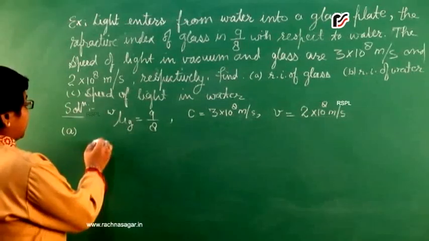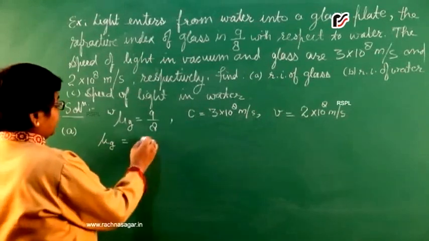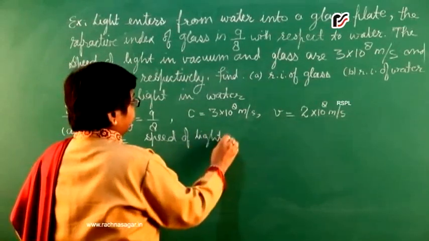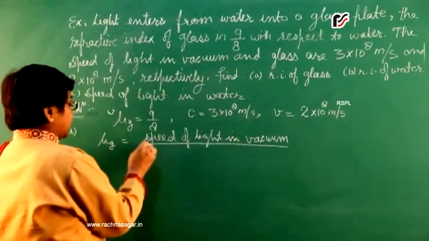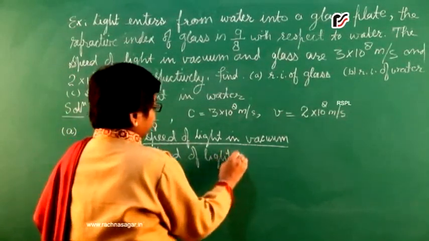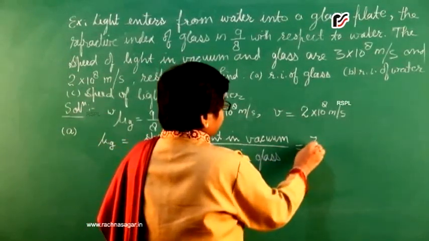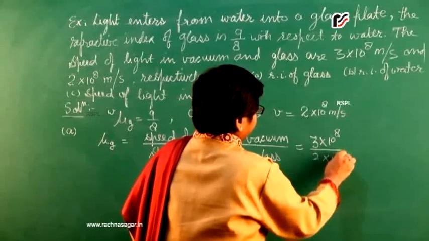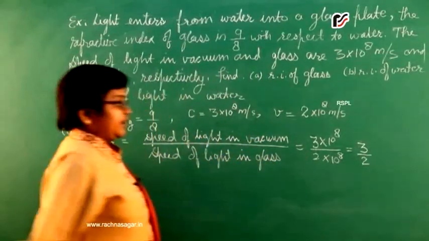The refractive index of glass is equal to the speed of light in vacuum to the speed of light in glass. 3 into 10 raised to the power 8 over 2 into 10 to the power 8, that is 3 by 2.